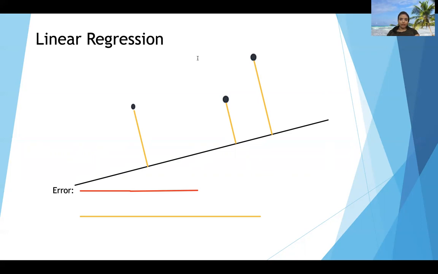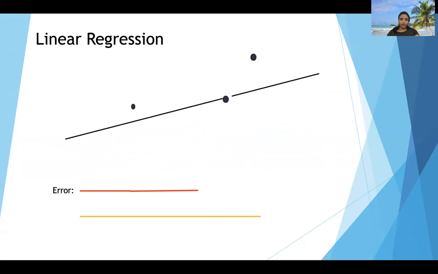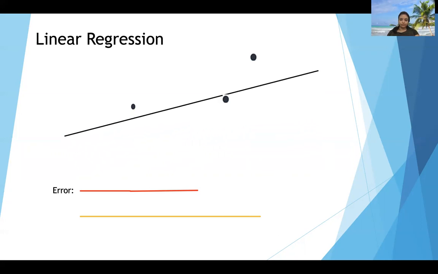Let's move the line in another direction and calculate the error again. And we see that the error is smaller. And if we continue doing this process several times, we will decrease the error and arrive at a good solution. It is a general procedure to minimize the error.